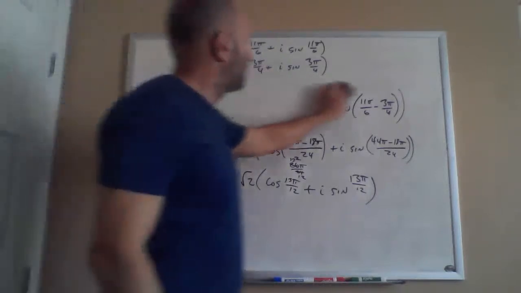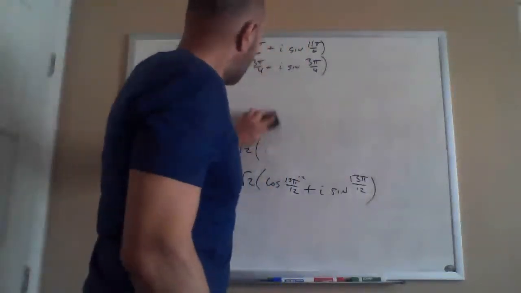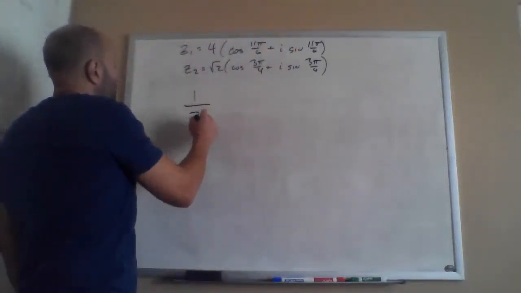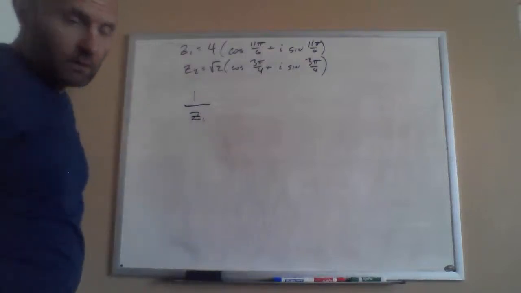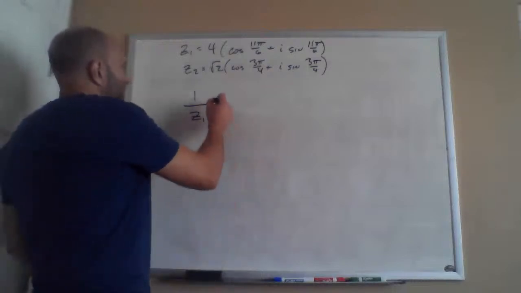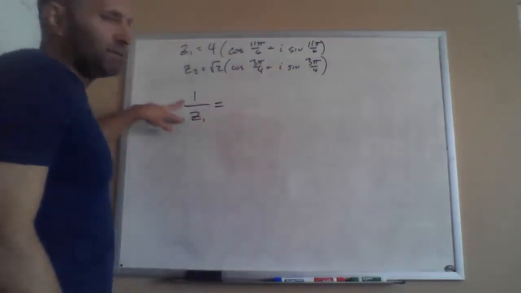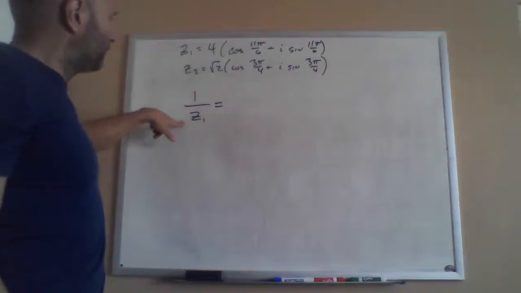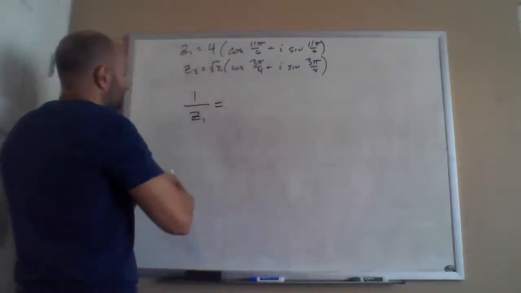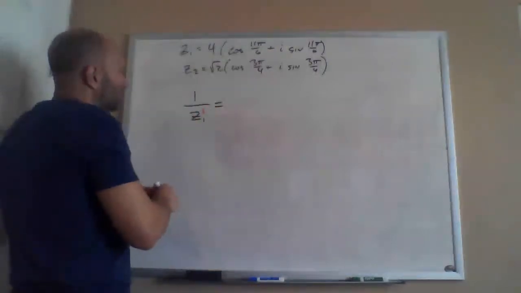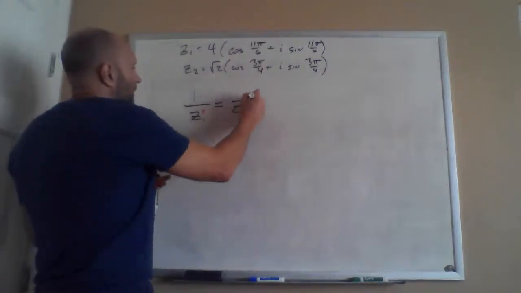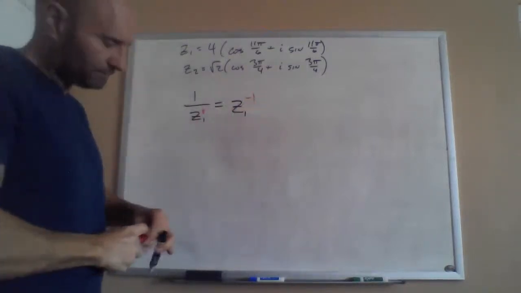All right, so then the last part of this problem is they want 1 over Z1. So we're actually going to use De Moivre's Theorem here. That's the easiest way for us. If I rewrite this using my exponent rules, 1 over Z1 to the first power, this is the same thing as Z1 to the minus 1 power.